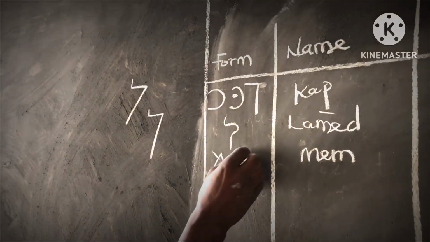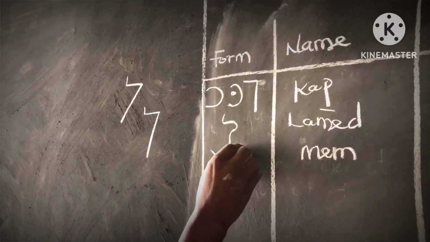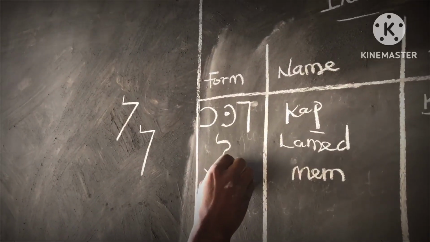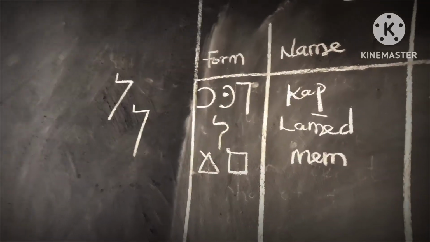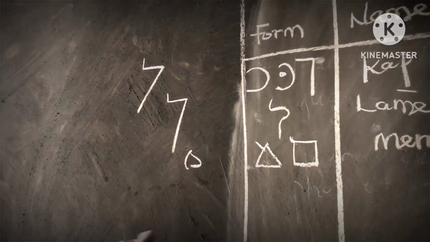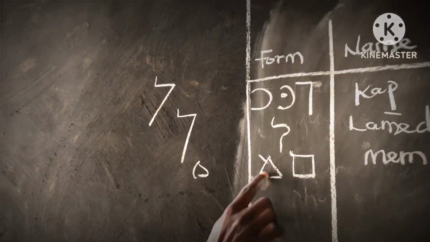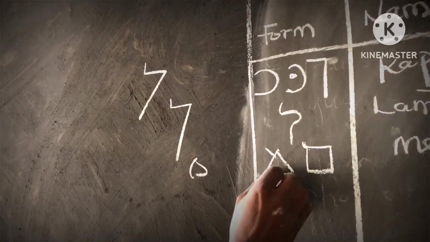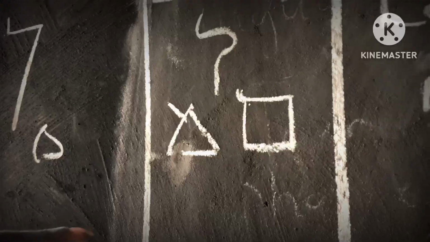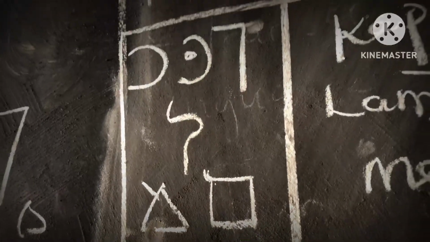When mem appears at the end of a word, make it a box. Or better still, sorry, it must not close. When mem is in the middle, it will not close up.